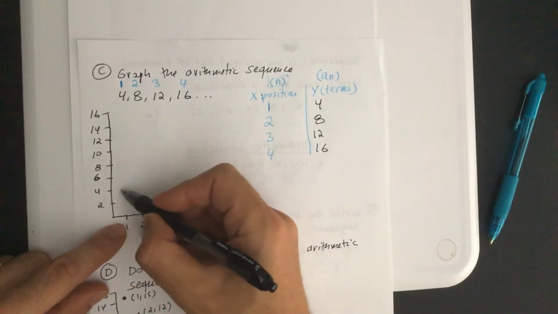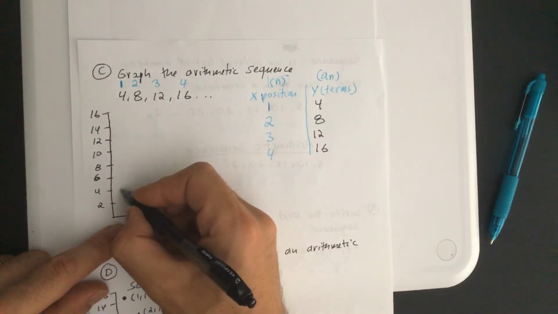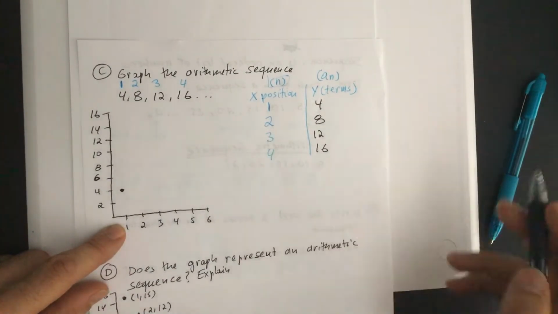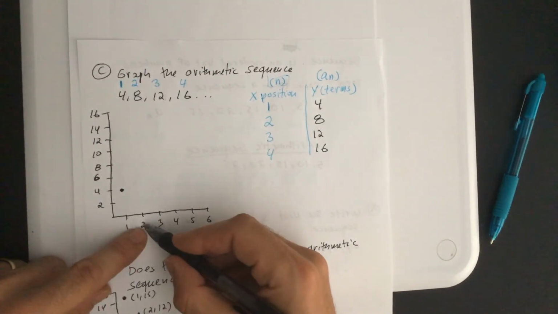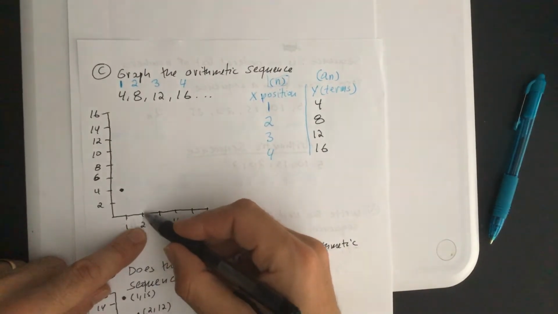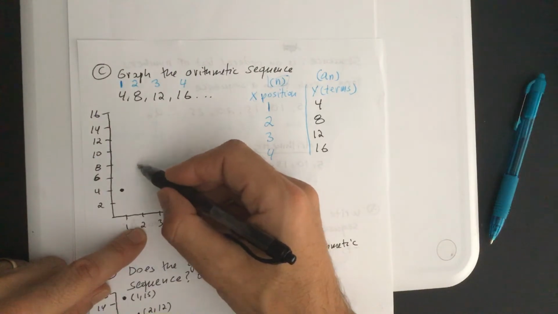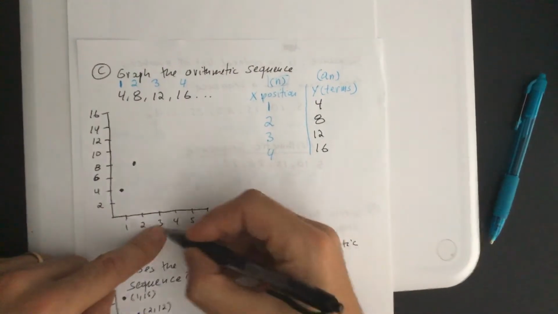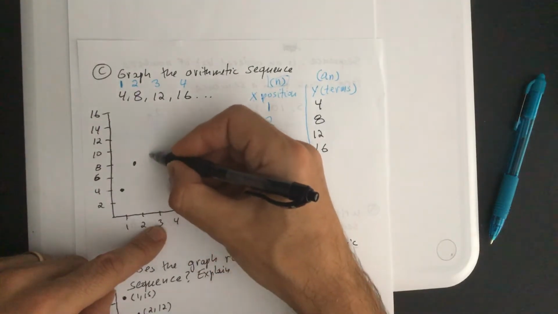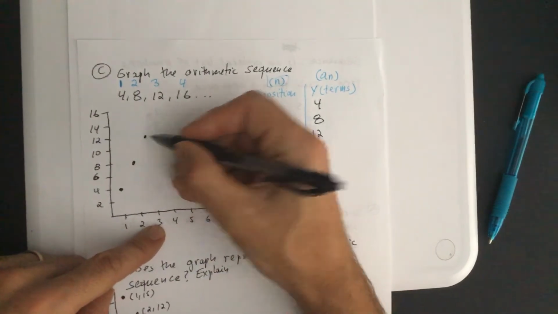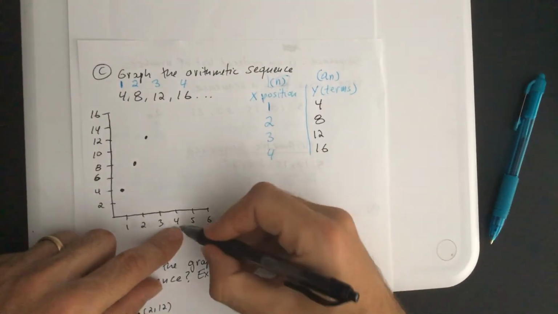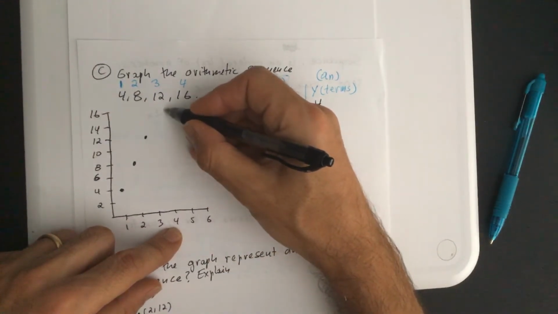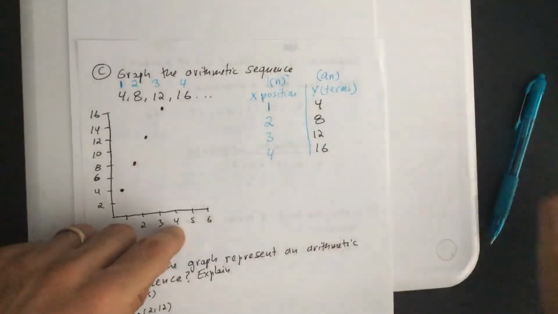1, 4 will be about right there. 1, 4. 2, 8. 2, 8 will be about right there. 3, 12 will be about right there. 4, 16, right? 4, 16 will be right there.